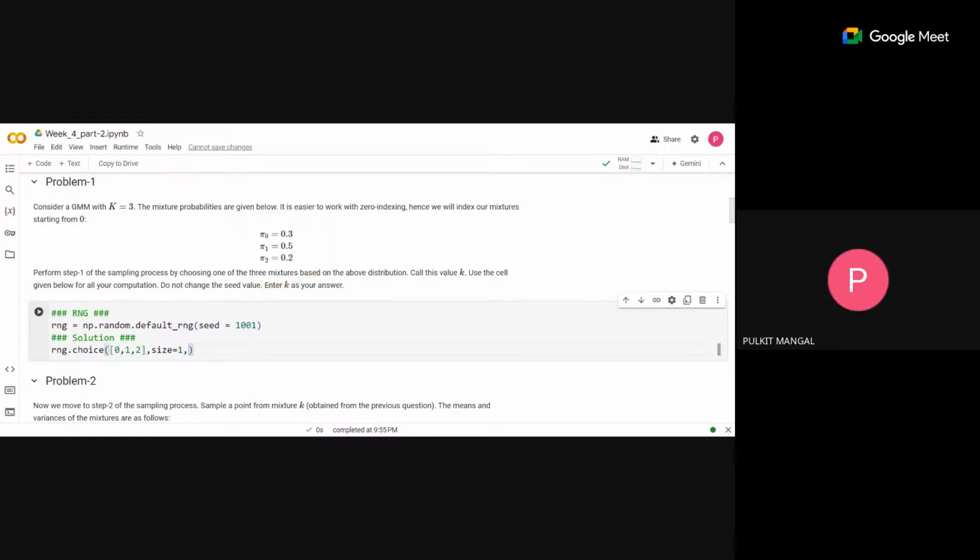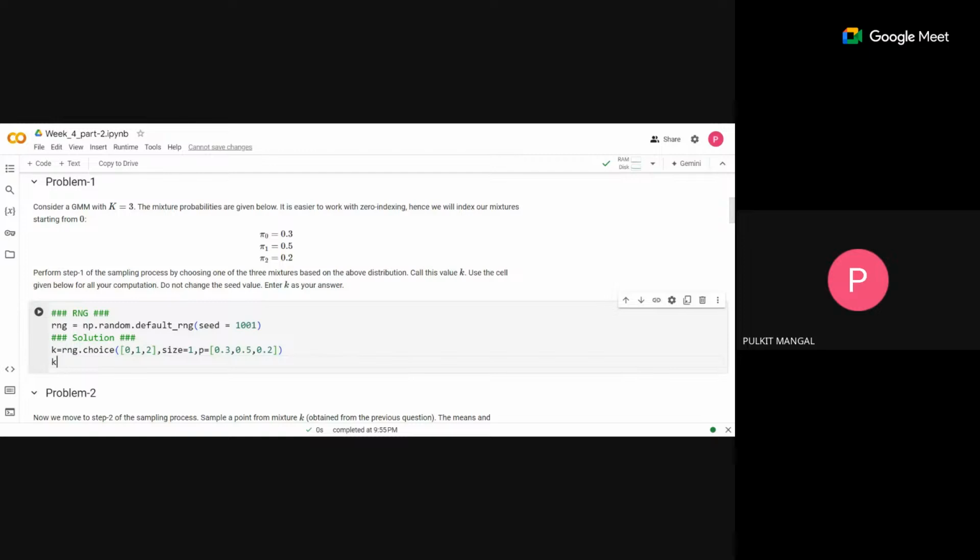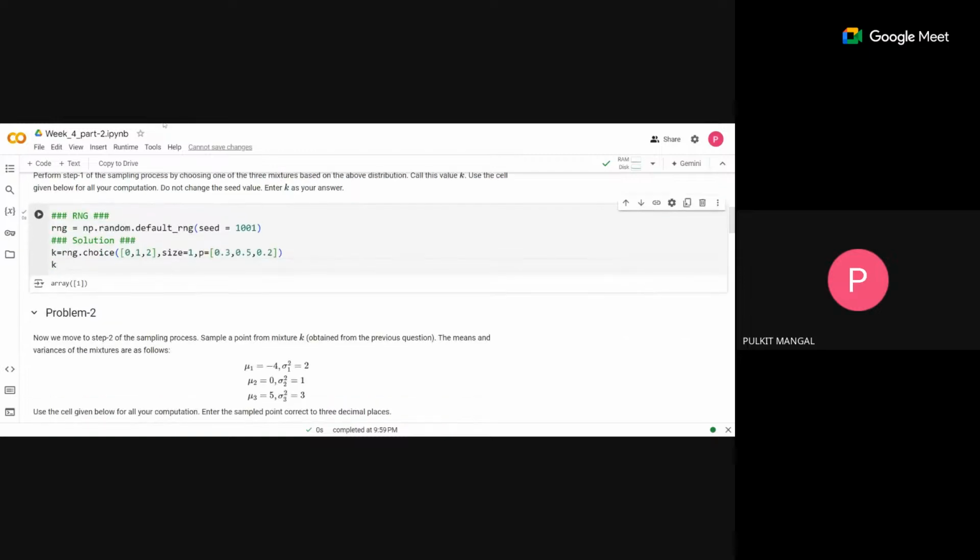How do you denote that here? What is the symbol that governs that probability? P. And it also takes an array, that is 0.3, 0.5, 0.2. They sum up to 1. You select it and call this value k, and if we run the cell and see the value of k, it is 1.